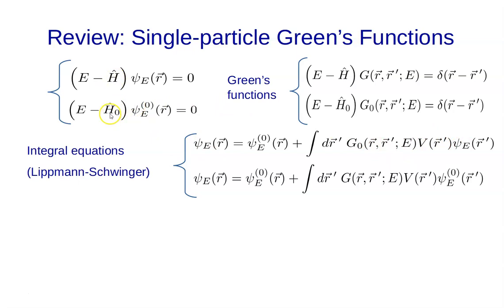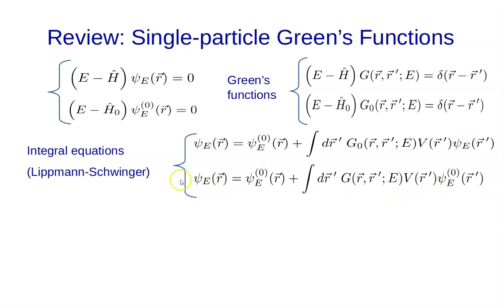So this is the free Hamiltonian. And so if I know G naught and I know the free solution, I can in principle obtain the solutions for the interacting case by solving these integral equations. Notice that phi appears both here and here, so I could in principle get a solution in series.